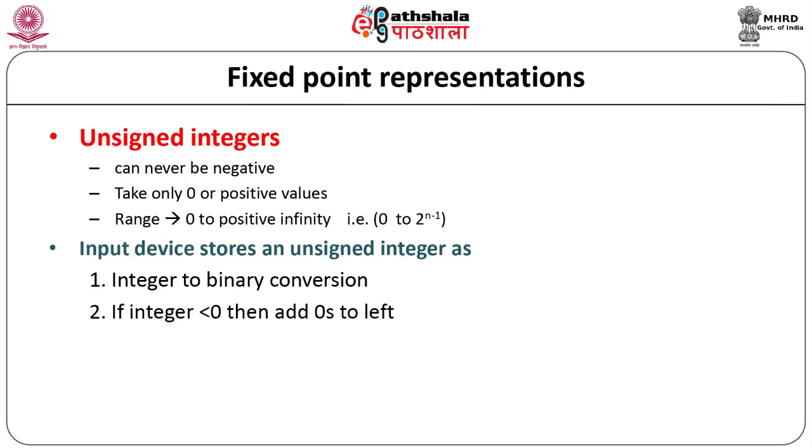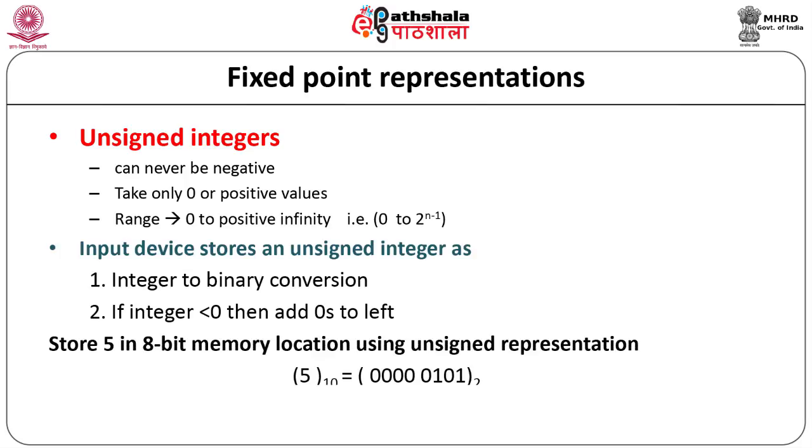An input device stores an unsigned integer using the following steps. First, the integer is changed to binary, and second, if the number of bits is less than n, zeros are added to the left. Let us consider the storage of decimal 5 into an 8-bit memory location using unsigned representation. 5 in decimal can be represented as 00000101 in binary.